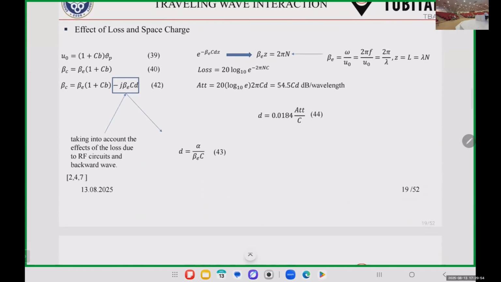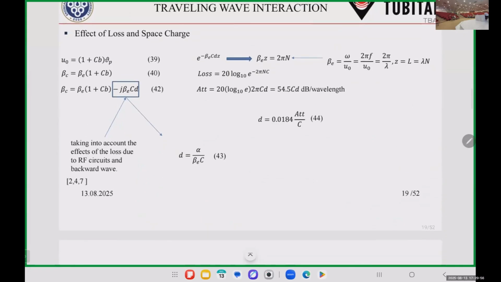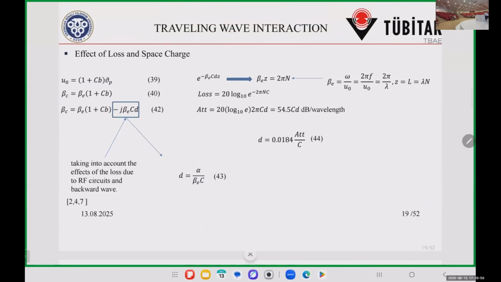If we talk about the effect of loss and space charge, we know we can write beta C equals beta E times 1 plus C times B. If we take into account the effect of circuit loss, the loss due to RF circuits and backward wave, we can take all of them.